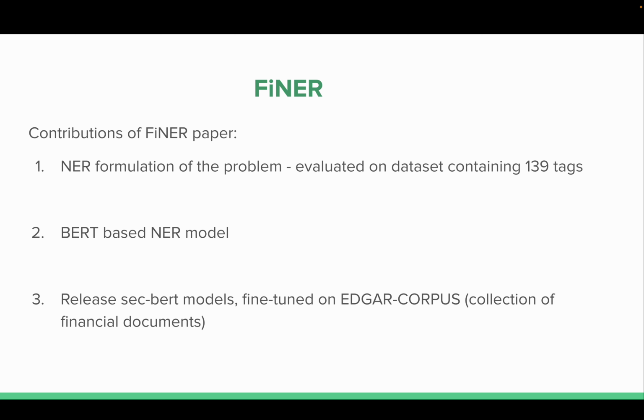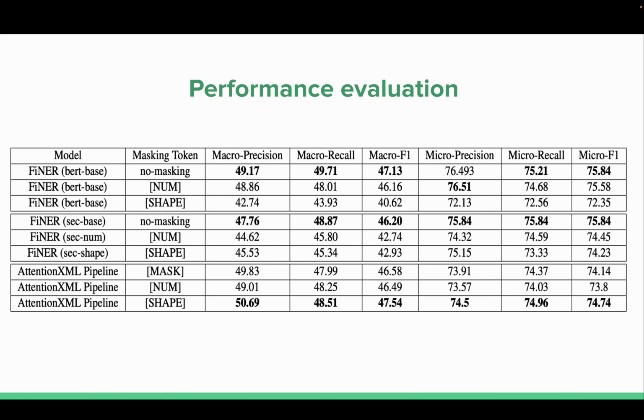The competitive method, which is published as the state of the art, is called FINER. This is an NER formulation of the problem, but they evaluated on a dataset containing only 139 XBRL tags. So they took only frequent tags, and it was a BERT based NER model, and they released some state of the art pretrained models. We evaluated the performance between FINER and our proposed model.